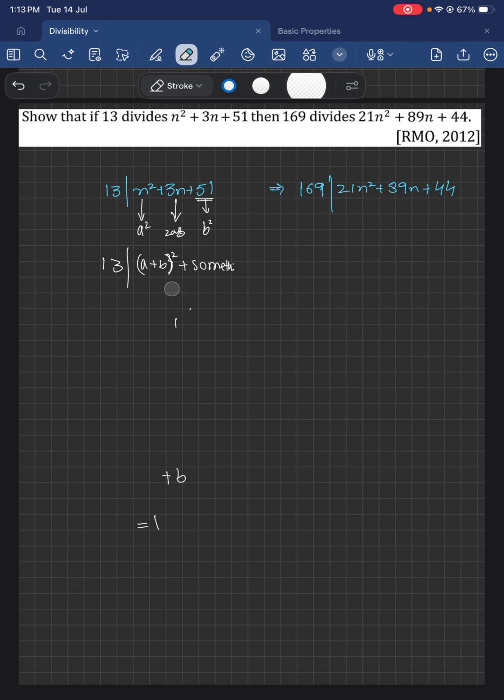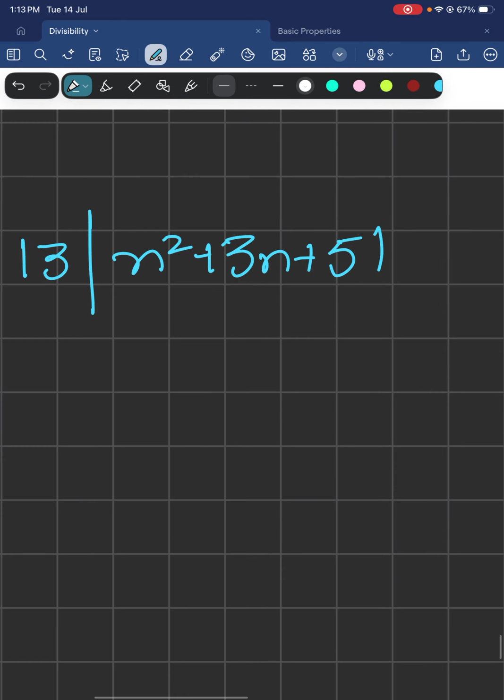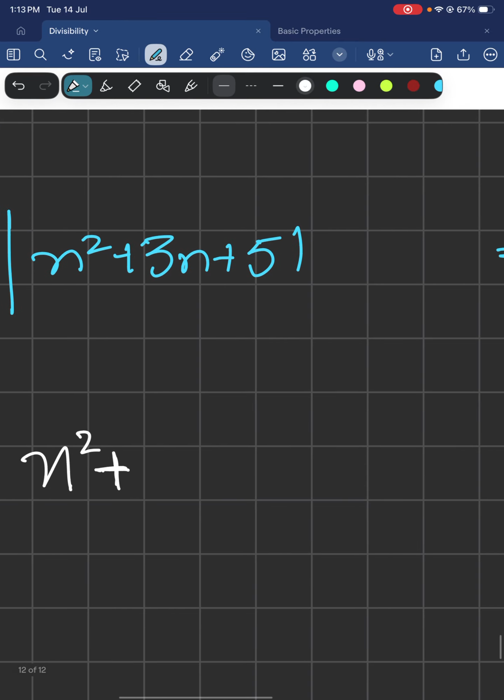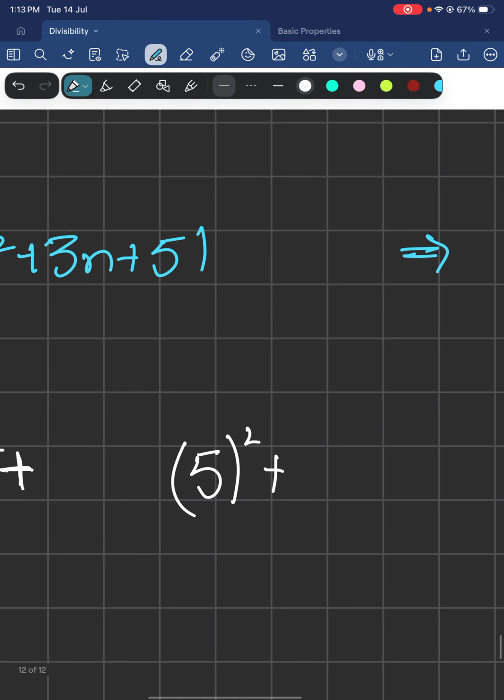So let's try it out and try to make the square, and that plus something we have to make a multiple of 13. So what I can do is write this as n square, and now I can get from here 25, which would be the square of 5, right? 5 square, and then we will be left with 26, right?